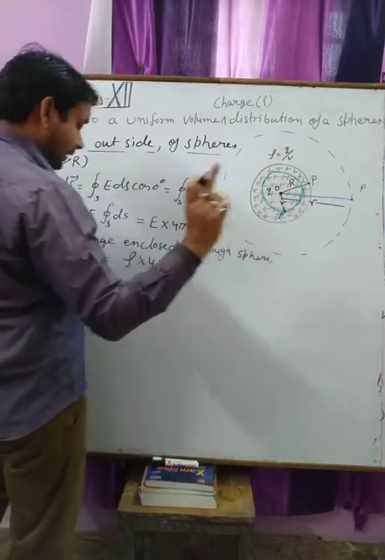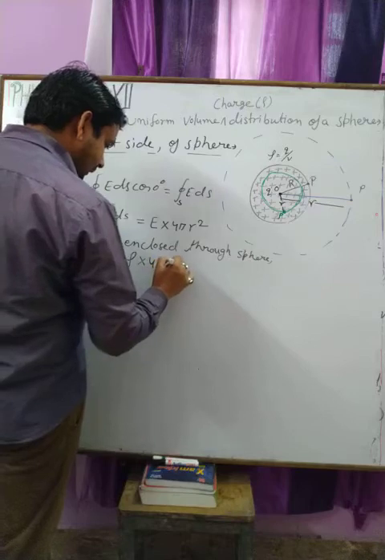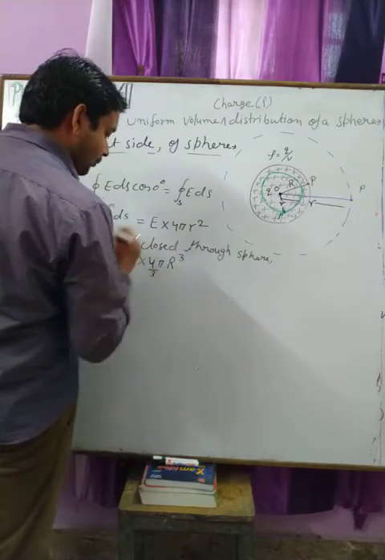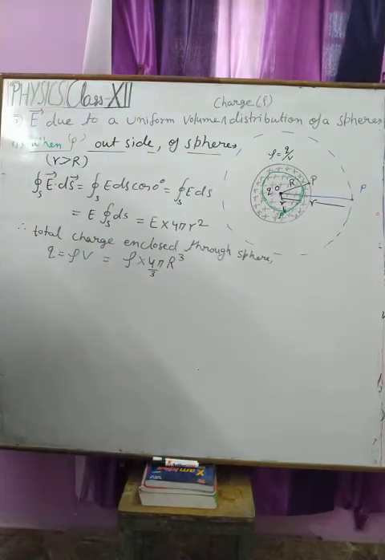So we are using in place of this 4 by 3 pi r cube. Okay, this is the volume of this sphere.